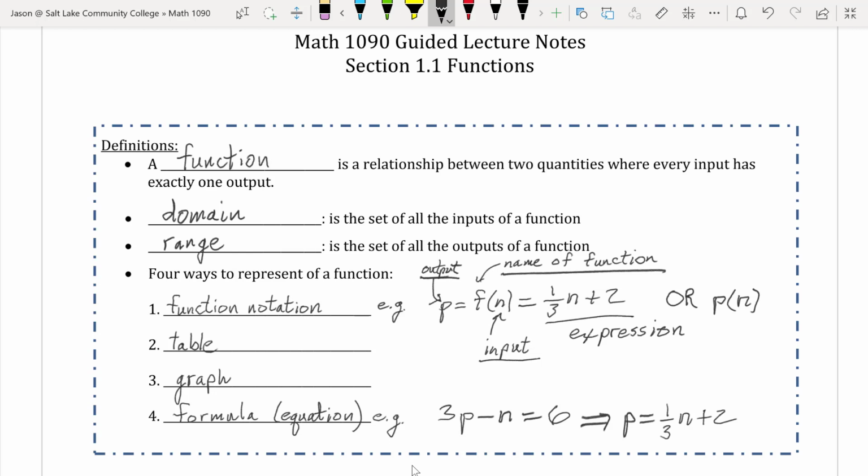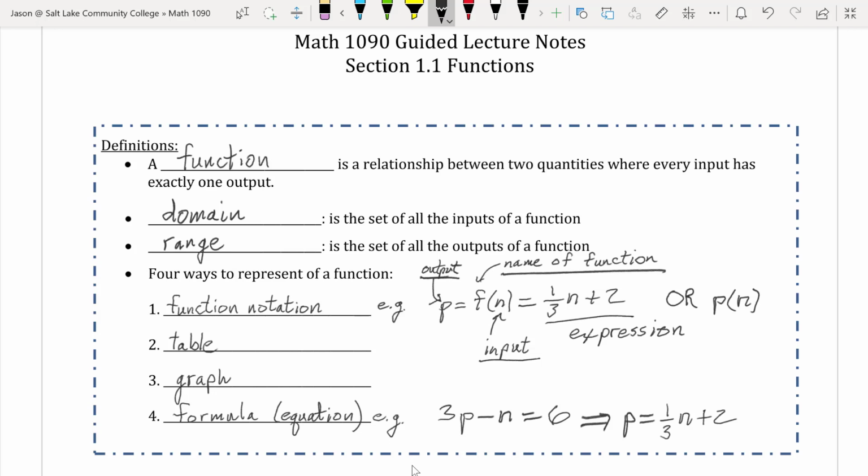We have four ways to represent functions. We have function notation. We can use a table. We often use graphs and formulas or equations. So I have an example here of function notation. I've written P is equal to f of n. So that's not multiplication there. That's our new function notation, and we read it as f of n.